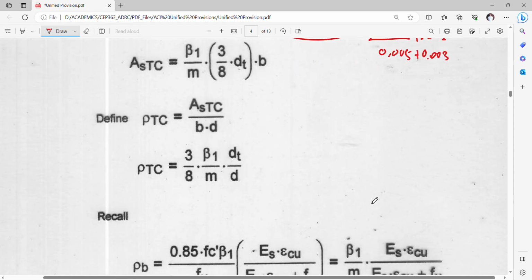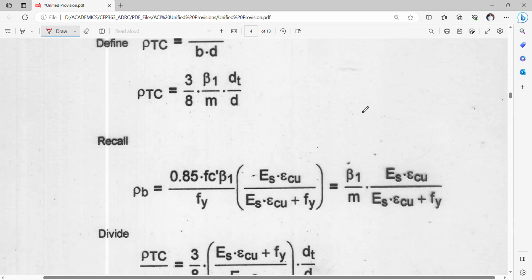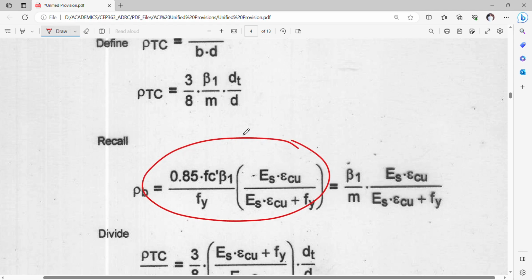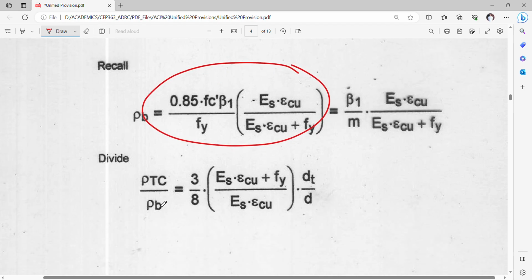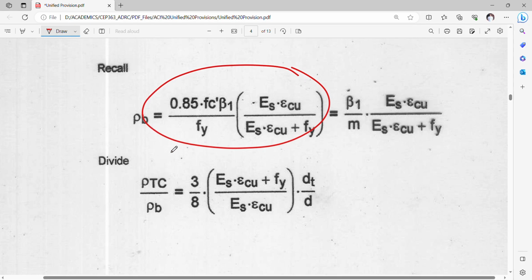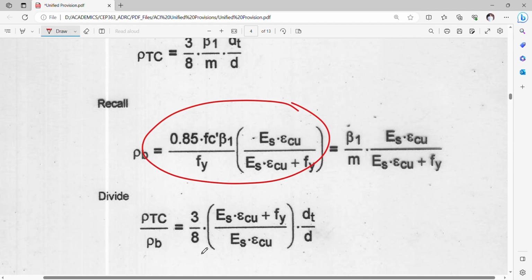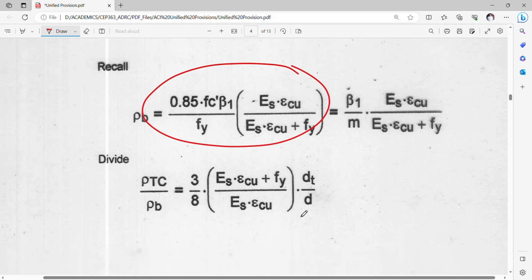Okay, so by proper manipulation on this and recalling our previous code for rho b, we can now make use of an expression in terms of rho tc and rho b by simply dividing rho tc here with that of rho b here. Okay, so dividing the two, we will get this. Beta 1 will cancel, beta 1 over m will cancel, so we get this.